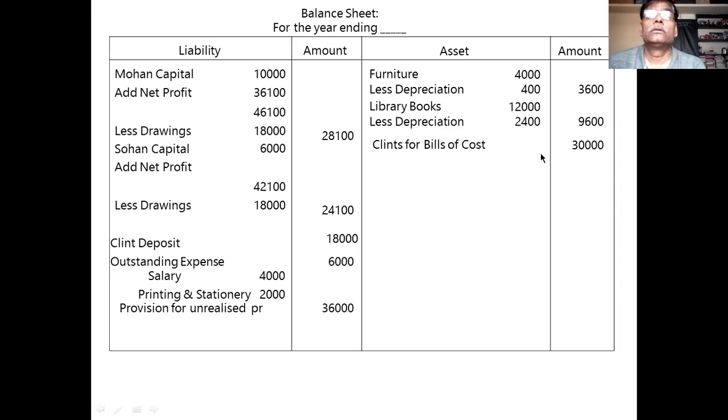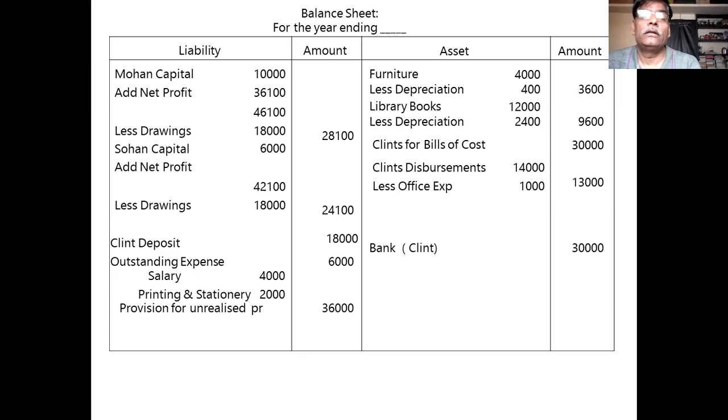Then client cost 30,000, client disbursement 40,000. Here instead of adding you have to deduct the office expense, because the office expense was added in this client disbursement. In the previous problems, the disbursement amount was added to the office expense. This is the reverse adjustment. Remember it. 1,000 you deduct, balance is 13,000.